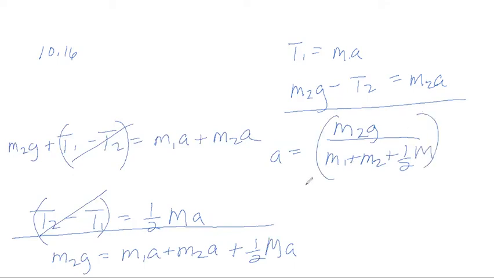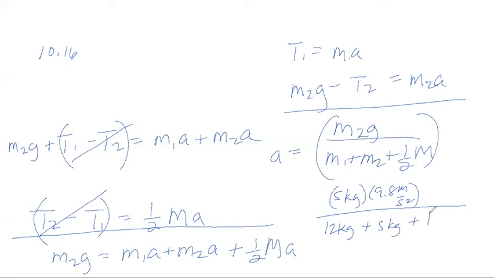And if I put all those values in, I'm going to get 5 kgs times 9.8 meters per second squared divided by 12 kgs plus 5 kgs plus 1 kg. And A is going to be equal to 2.72 meters per second squared.